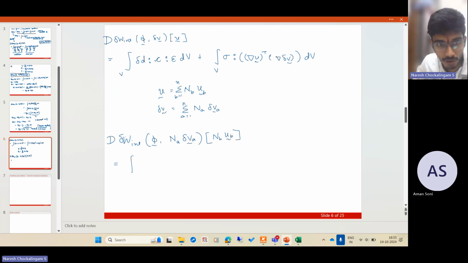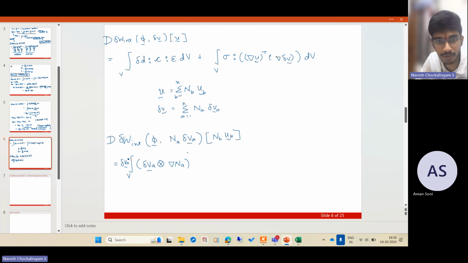integral over the volume. So remember, del V is the virtual velocity. It has to be linear in it because it's a dot product of some residual and the virtual velocity field. So this can come out as del VA dot. Here we have, so del D is the symmetrization of the gradient. So we can write this as del VA tensor product with the gradient of NA.